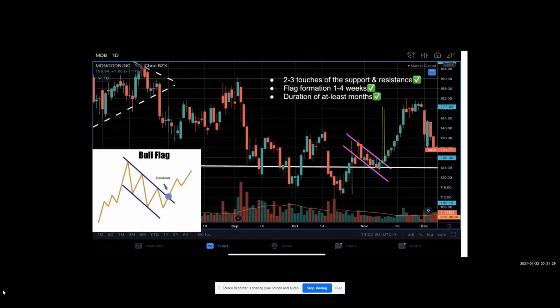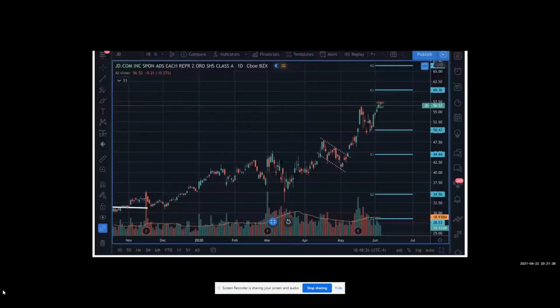Let me take this off, clear all drawings. And then what do we have here, right? JD.com. So if we're trying to do our target, of course, it's probably going to hit, right? So we can even say this could be a flagpole and this could too, from right here to right here.